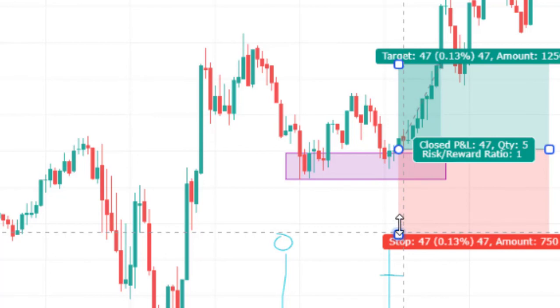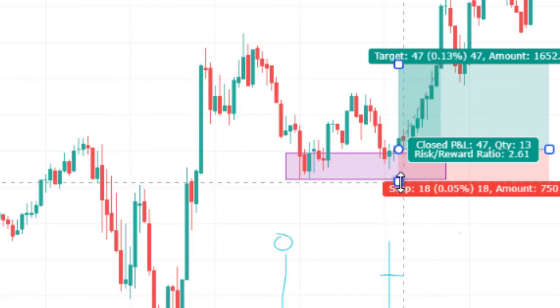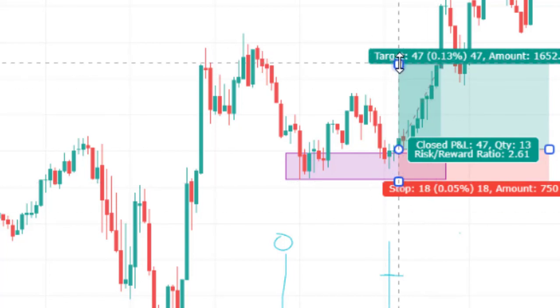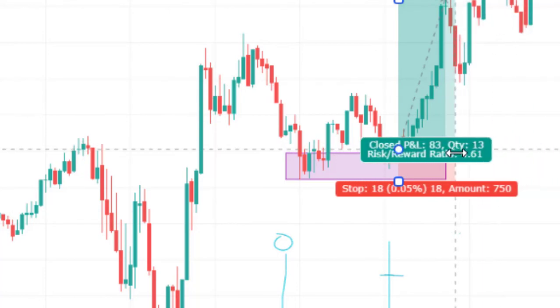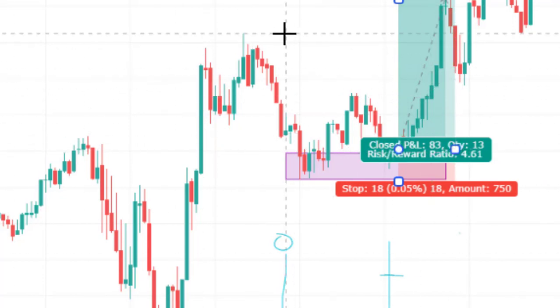I make sure that my stop loss is just a little bit behind the zone, so I take my profit. So this is 1 to 4, meaning you're risking $100 to make $400. So yeah, that is that.